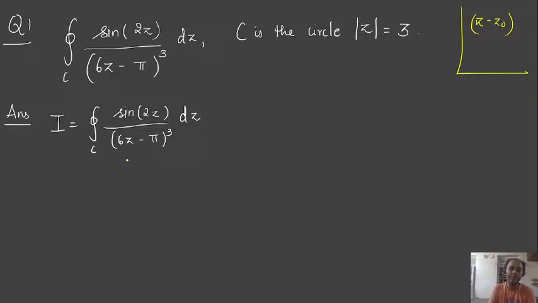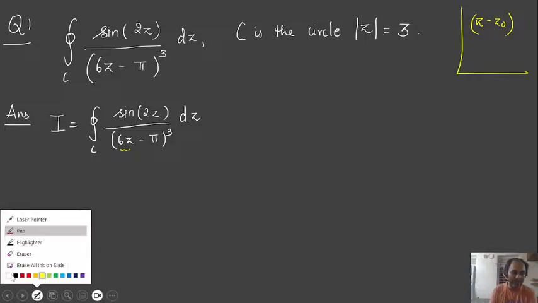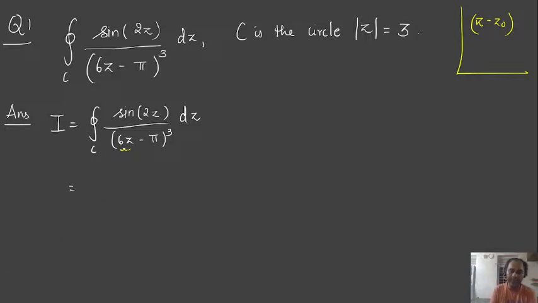Okay, so what I need to do now, this 6 I don't want in the given integral. So what I can do, I can take 6 common. When I take 6 common, in the numerator, sine 2z will remain the way it is.